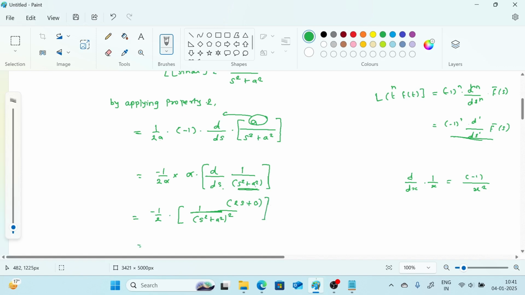So I will get 1 upon 2 here, minus 1 because the formula is minus 1 upon x square. So minus 1 upon s square plus a square bracket square into 2s plus 0, into minus, this term will be minus 2s upon s square plus a square. And the 2 gets cancelled.